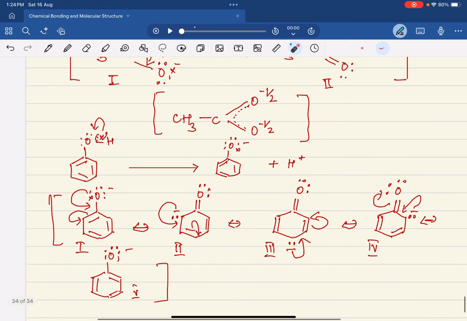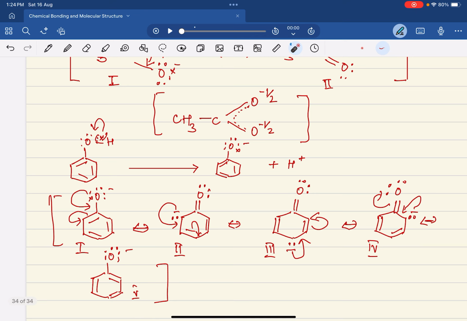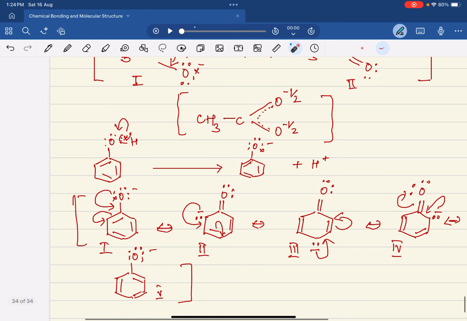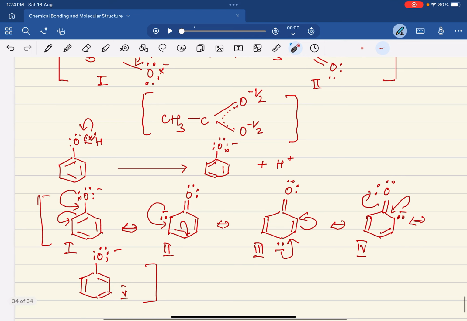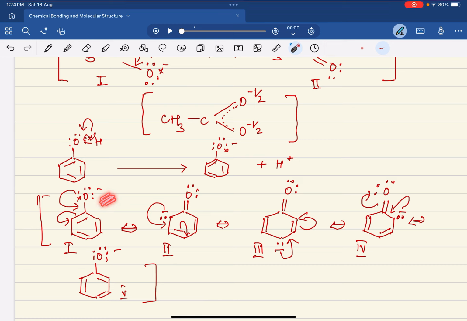But in phenoxide ion, the negative charge is localized in structure 2 on a carbon atom, structure 3 also on a carbon atom, structure 4 also on a carbon atom, and only in structure 1 is the negative charge on the oxygen atom. So, stability being directly proportional to the number of resonating structures is not true in all cases.